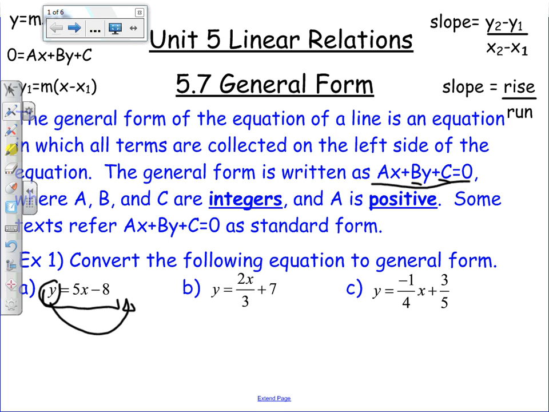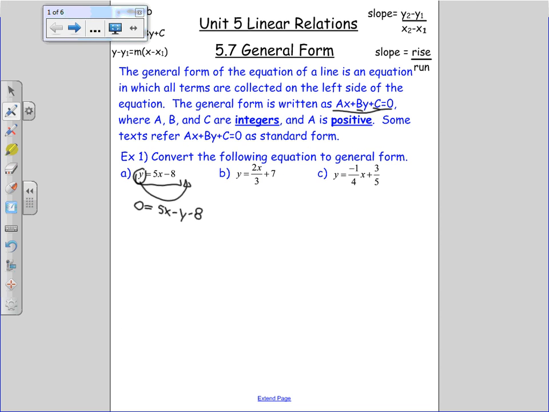So it would be 0 is equal to 5x minus y minus 8. Nice and easy. I just subtracted y from both sides. Yes, Josh? You can't have a negative in front of the x.